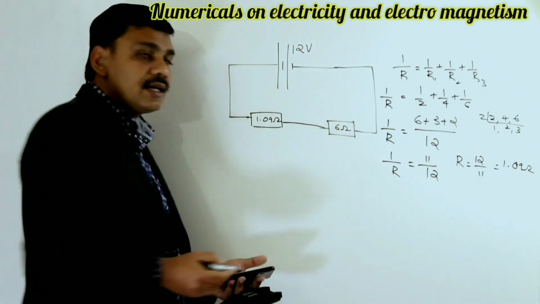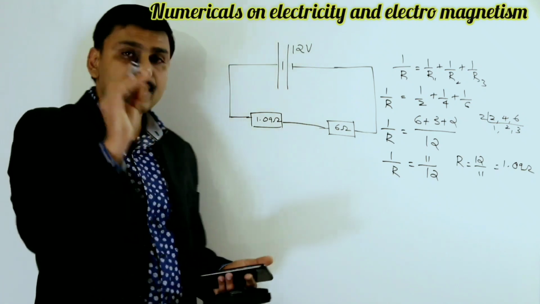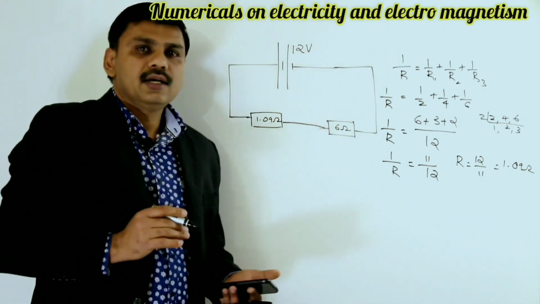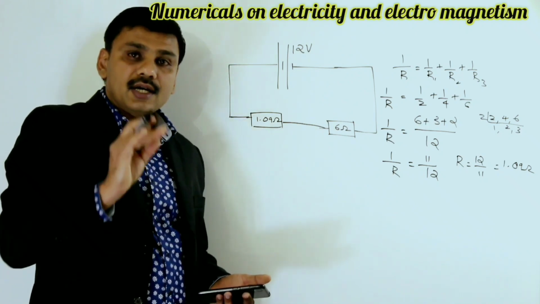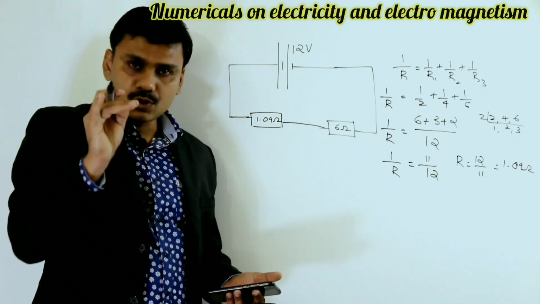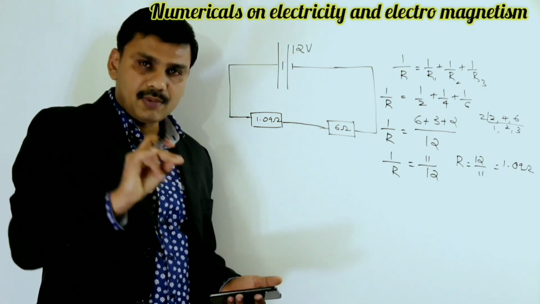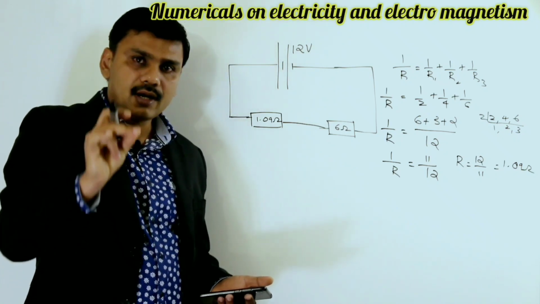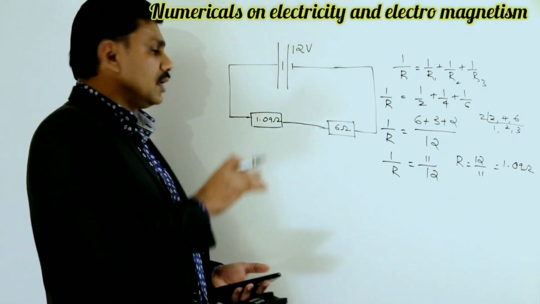So the 3 resistors are replaced by 1.09 ohm. This is the way to get the equivalent resistance if there are 3 resistors connected in parallel. If there are 2, 1 by R equal to 1 by R1 plus 1 by R2. If there are 3, 1 by R equal to 1 by R1 plus 1 by R2 plus 1 by R3.